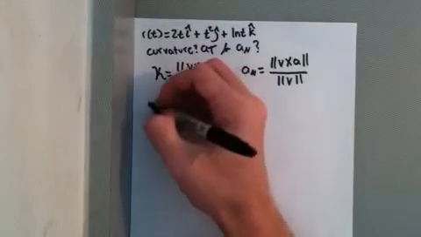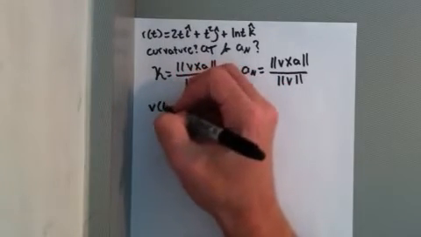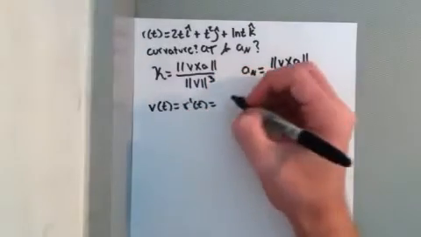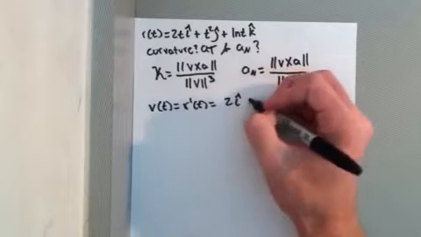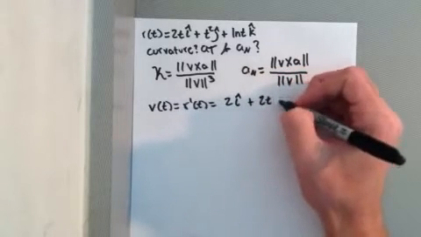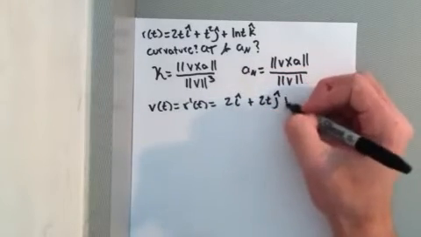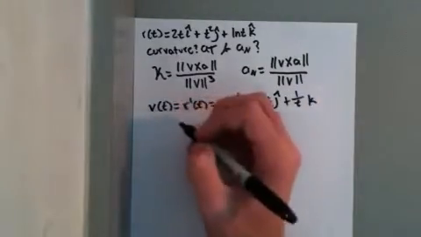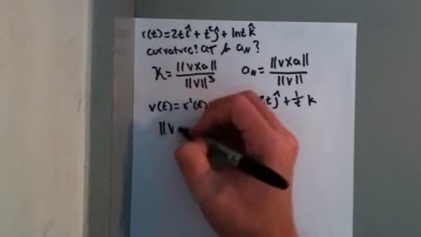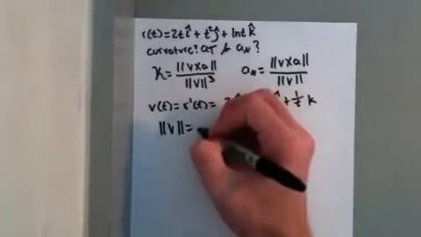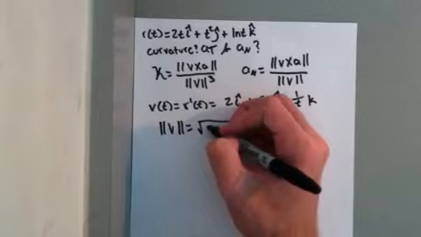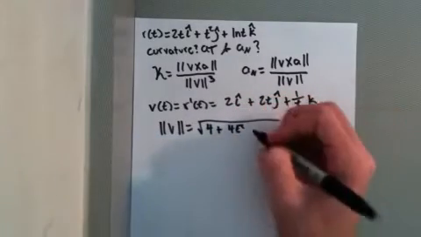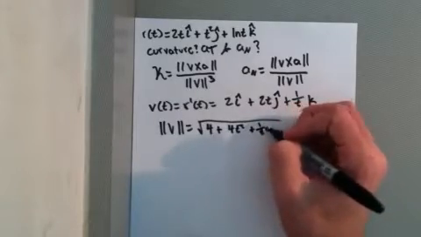And remember that v of t is equal to r prime of t, which is equal to 2i plus 2t j plus 1 over t k. The magnitude of v is going to be equal to the square root of 4 plus 4t squared plus 1 over t squared.